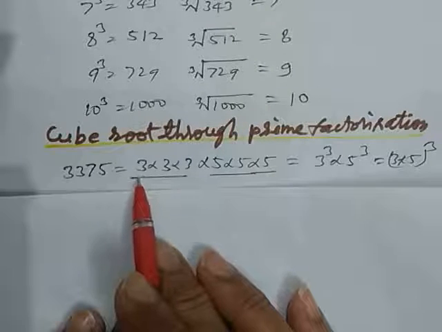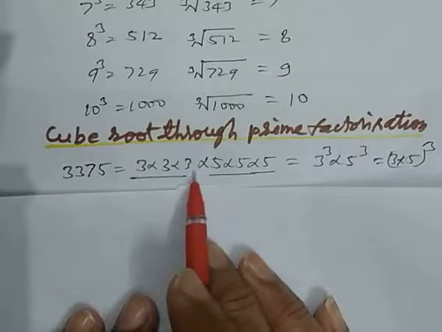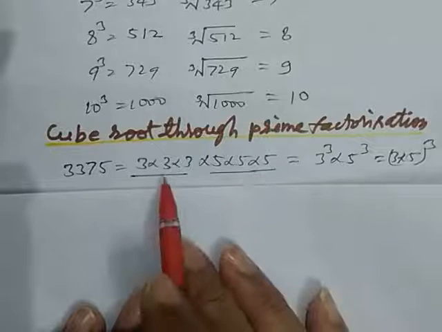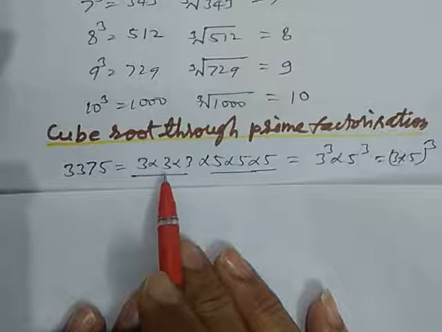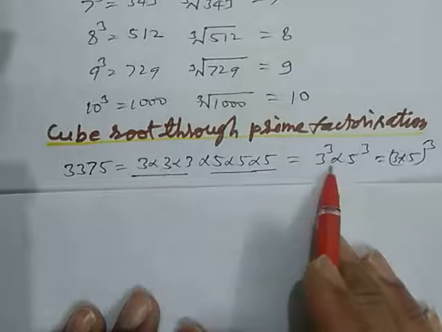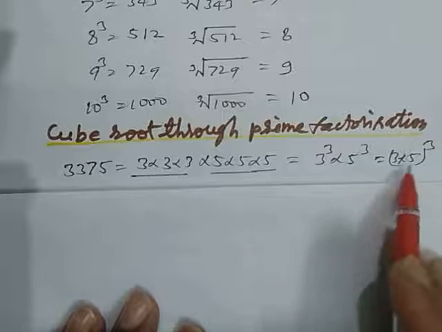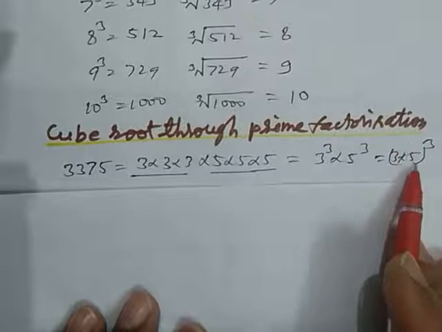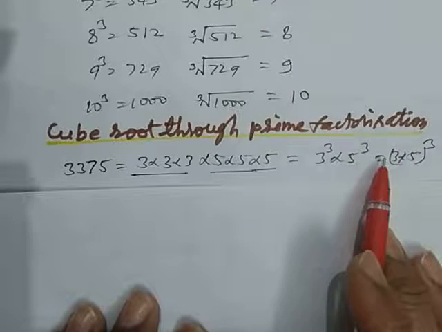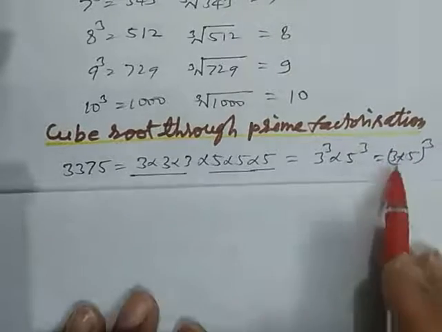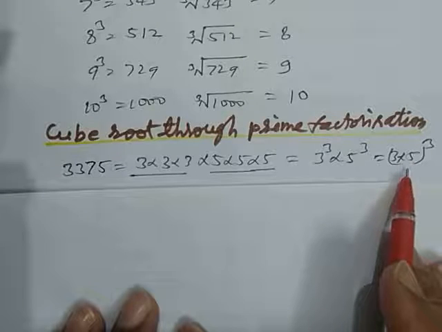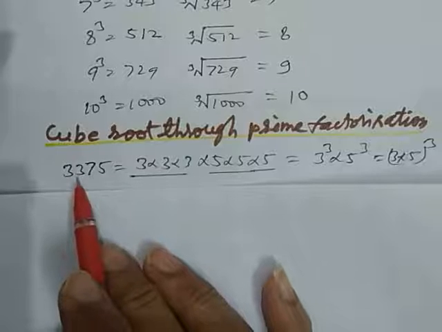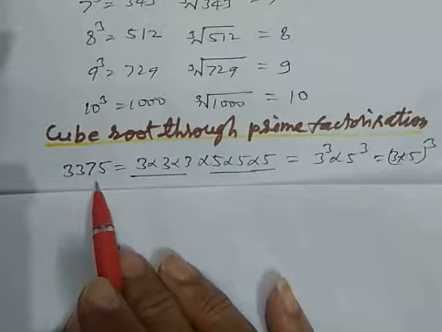Now we select groups of 3. This is the first group and this is the second group. From each group we select one prime number: 3 from this and 5 from this. So (3 into 5) whole cube. This way we can find the cube root. So the cube root of this is 3 into 5, that is 15. The cube root of 3375 is 15.